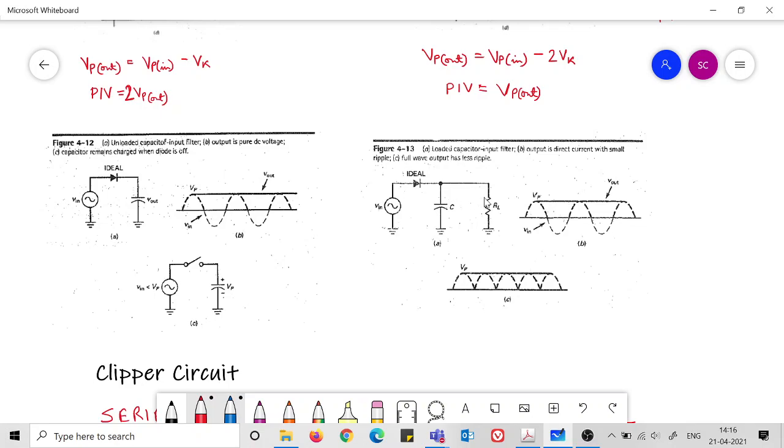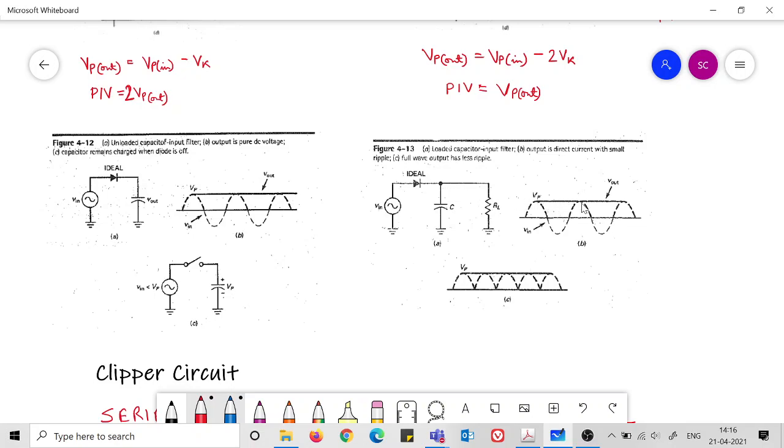And if we can make this RL quite large, then the filter time constant, which will also dictate the discharging time constant, will be pretty large. So the discharge will happen very slowly, but in any case there will be a discharge, so this voltage will be falling down a bit from the value of Vp.